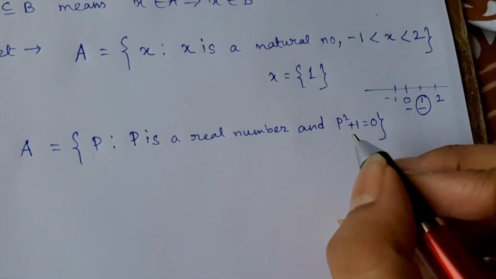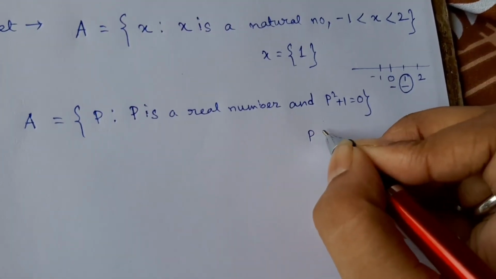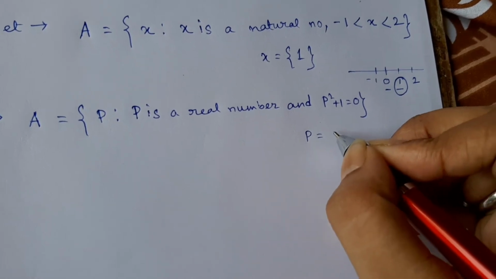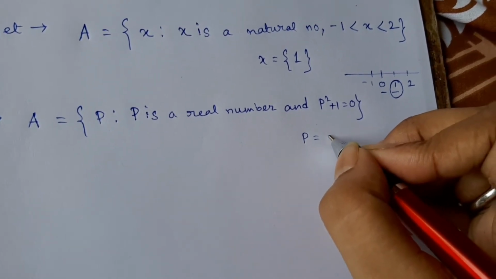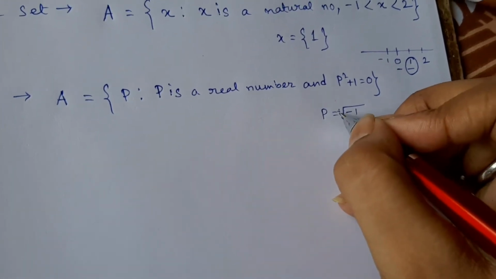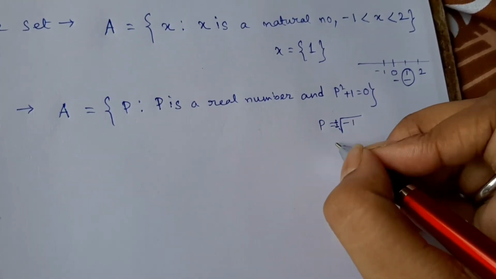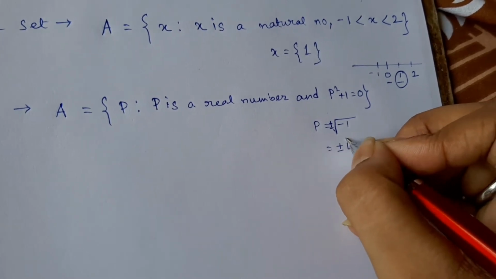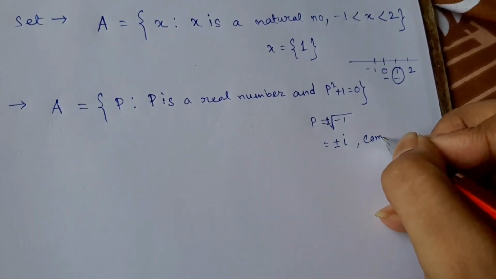Now from P square plus 1 equals 0 we get P equals root over minus 1, plus or minus root over minus 1. So it means plus or minus i, which is a complex number.